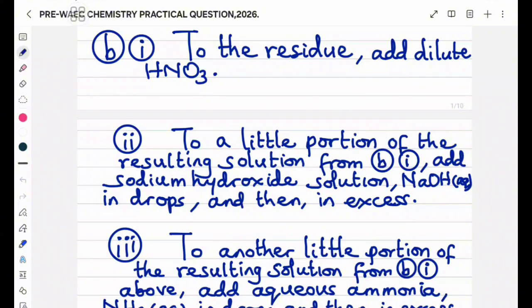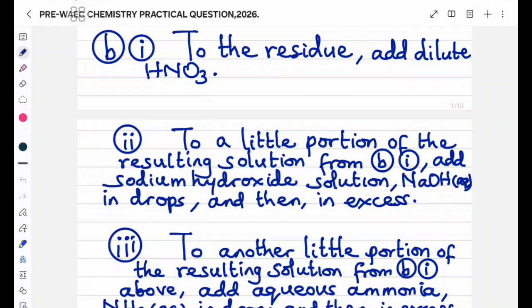We are to add sodium hydroxide solution first in drops and then in excess. Sodium hydroxide solution is one of the commonly used precipitating reagents. Why do you add in drops? You add in drops to know whether it's going to form precipitate or not. And why do you need to add in excess later?